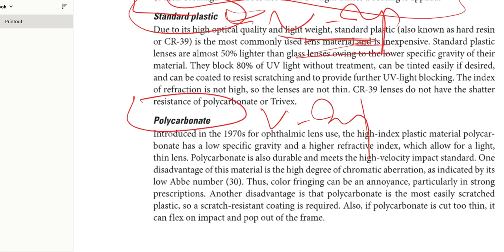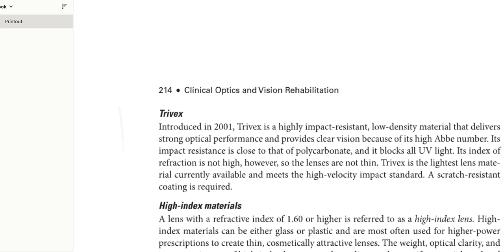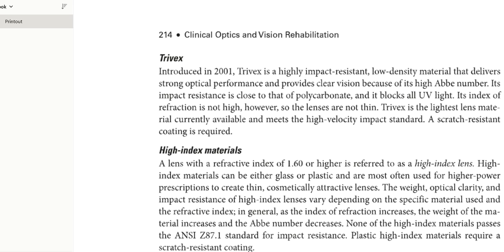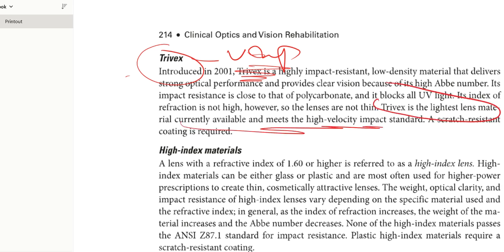Trivex, very important. Okay. This is the lightest lens material currently available and meets high velocity impact standards. Okay. High index material, please read it. Very important. Okay.